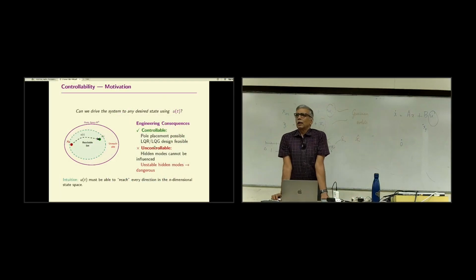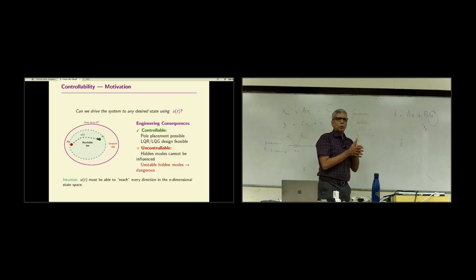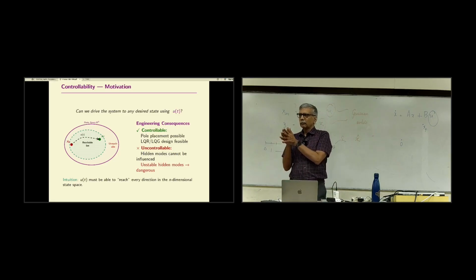Now there's also another issue. There's something called observability. What do you think observability could be? In a state space model, you are getting measurements. Why? Do you think from these measurements you can find x?